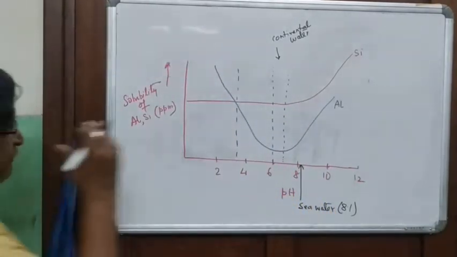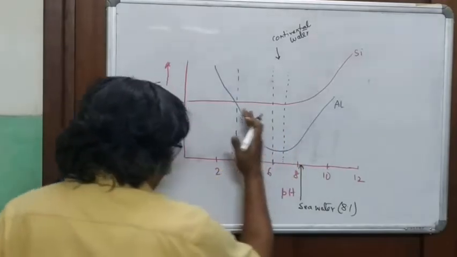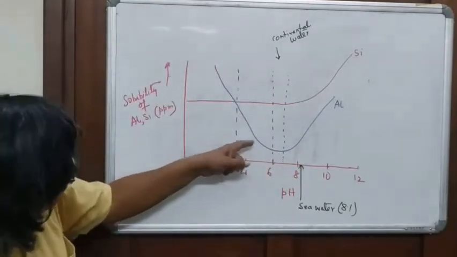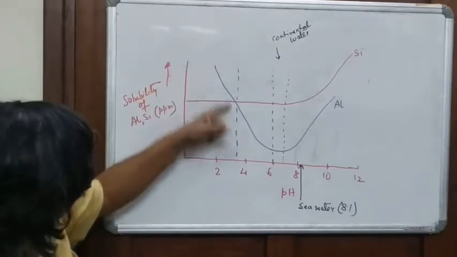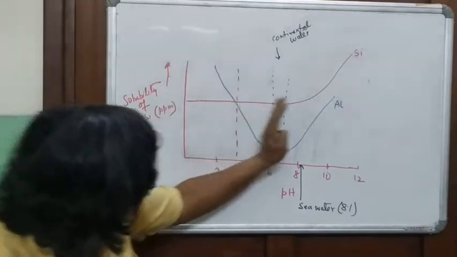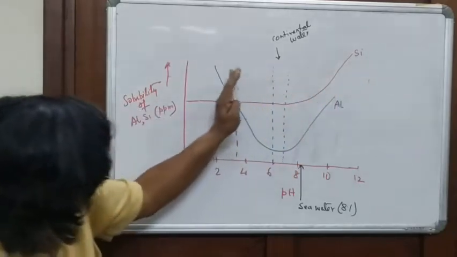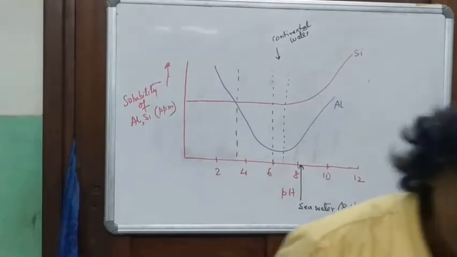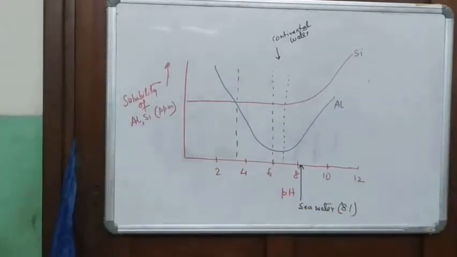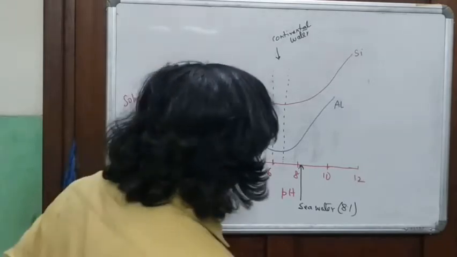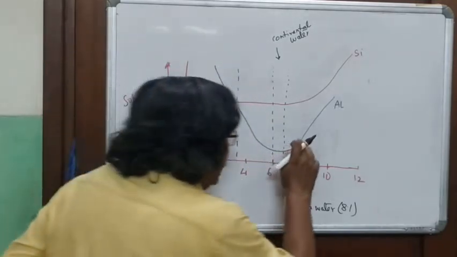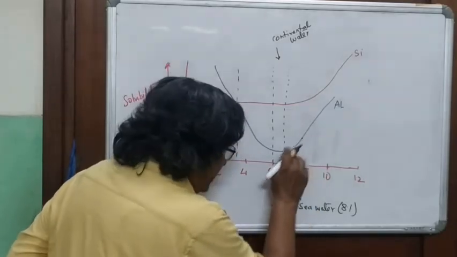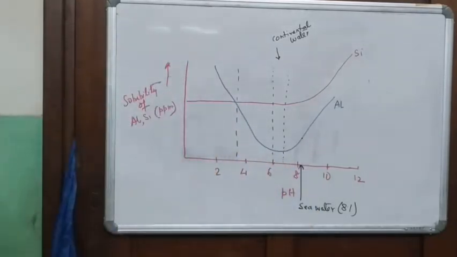But as you go to a more acidic range, you can see the aluminium solubility increases, both towards highly alkaline and towards highly acidic environments. Aluminium becomes much more mobile. So you can understand that in the ocean water, aluminium would be more dissolved than in continental waters.